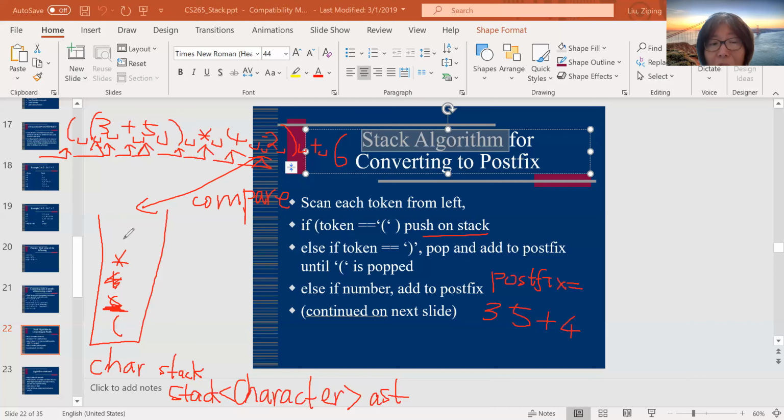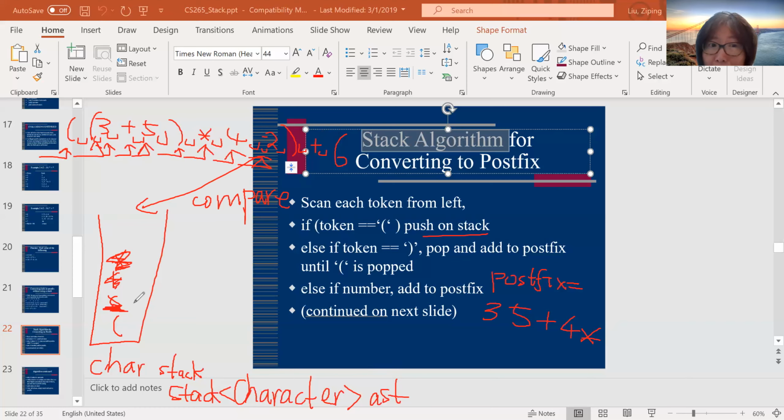So you need to determine whose precedence is higher. The algorithm reads: if it doesn't have higher precedence than the top of the stack, then you need to pop this one out and apply it to postfix.